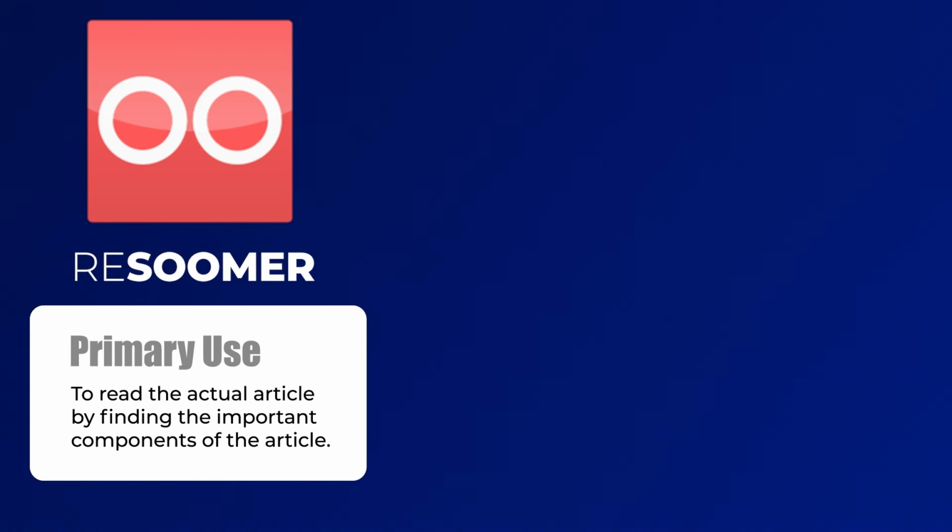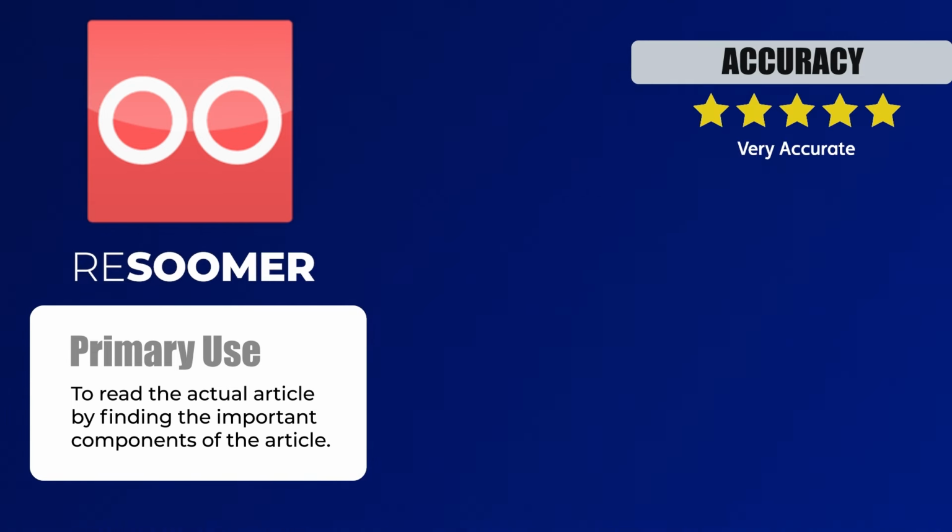You want to get the highlights of the article, but you want to get exactly what that article says. So the accuracy of this is 100% because it's literally just pulling the words from the article itself. It's not trying to analyze it or write it in common language or anything like that. It's the exact words from the article itself.